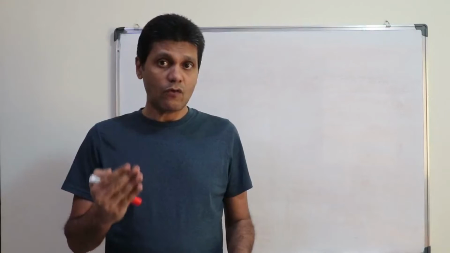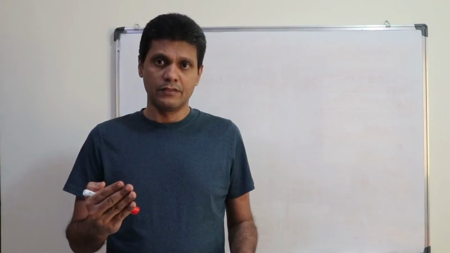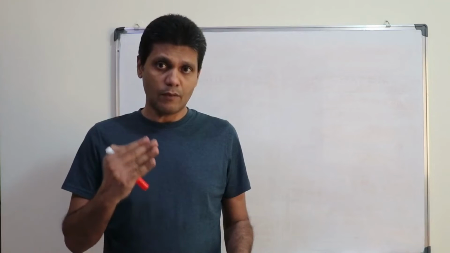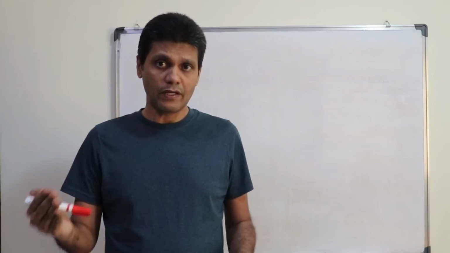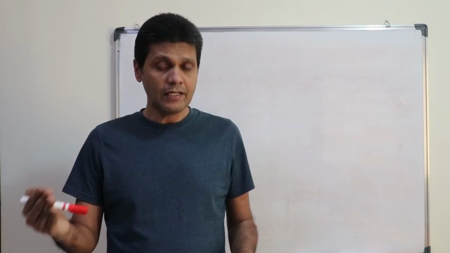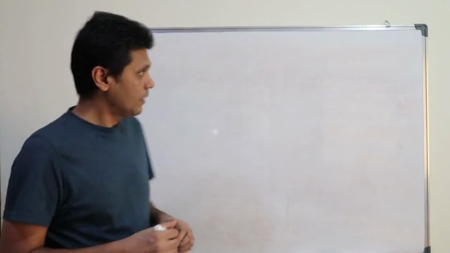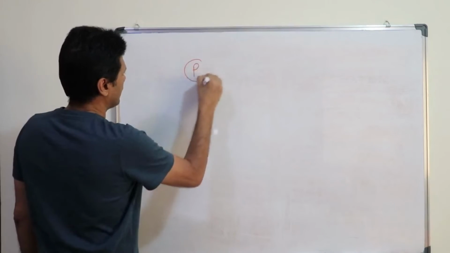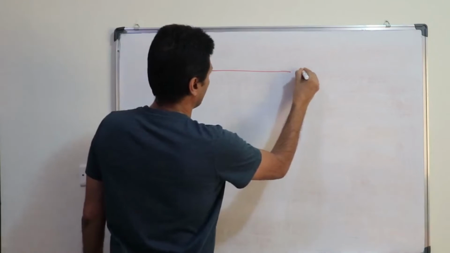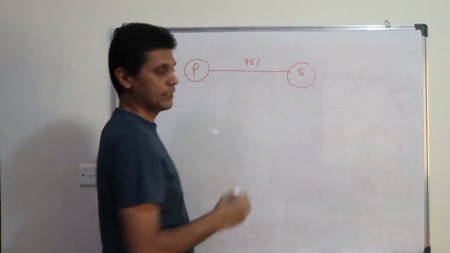So the company was acquired on 1st June 2014, but you are required to calculate NCI at the reporting date, which is the 31st December 2014. Okay, so let's take this example. P company acquired 75% of S company.